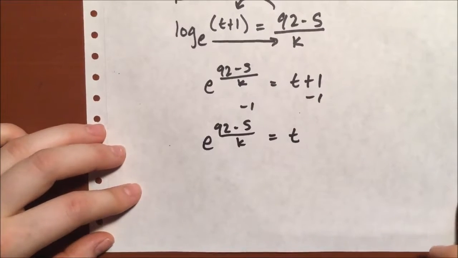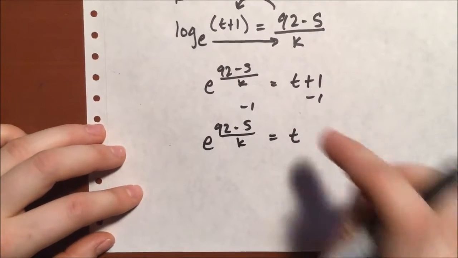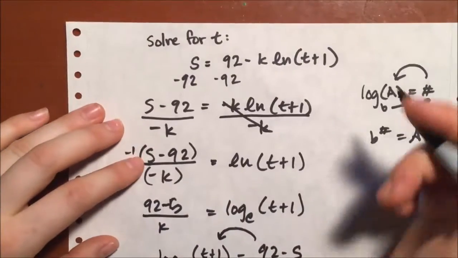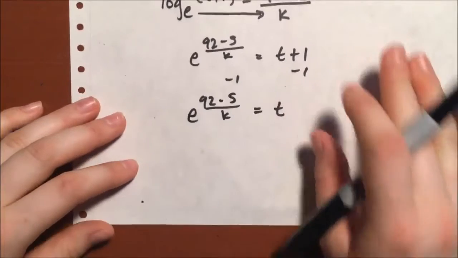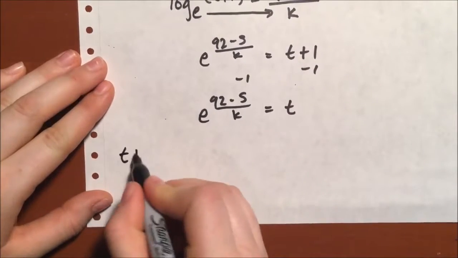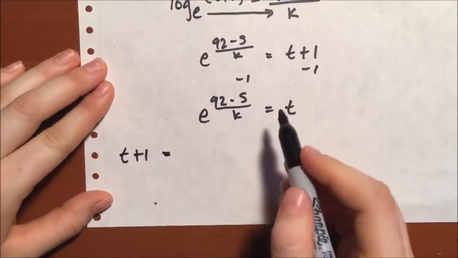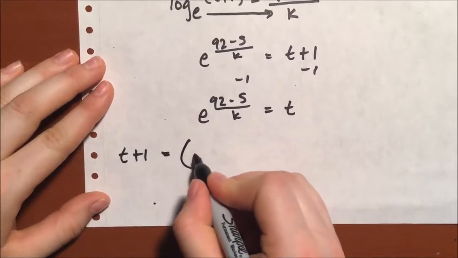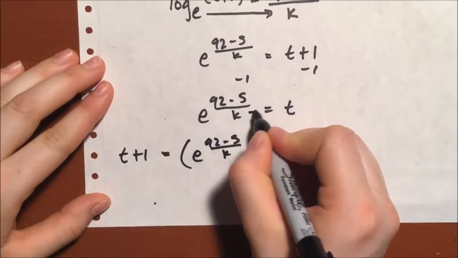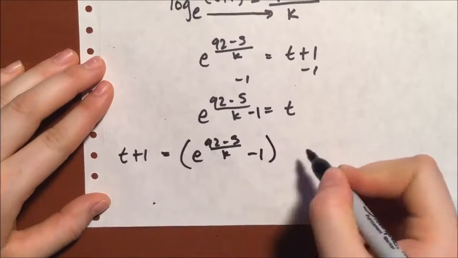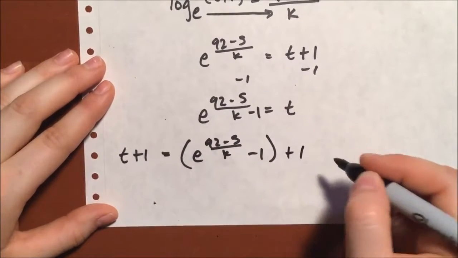Now, because this is a logarithmic equation, I'm going to have to check to make sure that t, when plugged into my argument, does not make it negative. So my argument is t plus 1. When I plug in the value for t, I get e to the 92 minus s over k, oop, that's a minus 1, minus 1 plus 1.